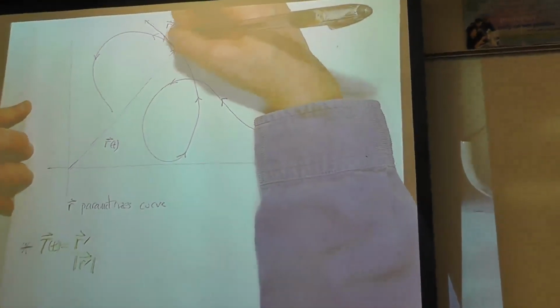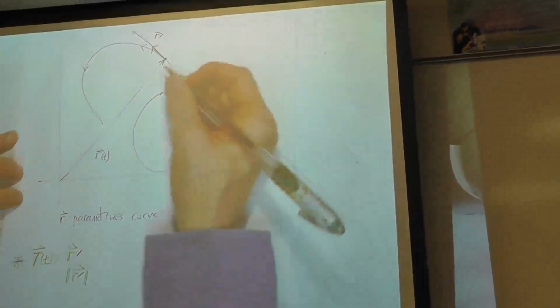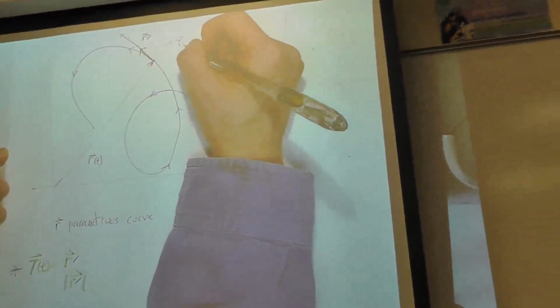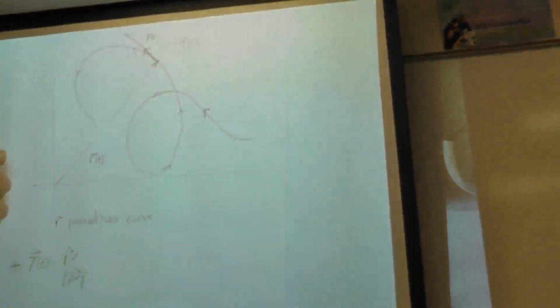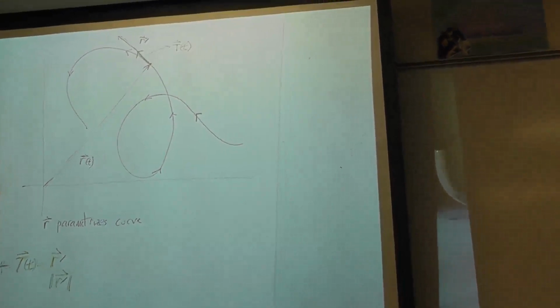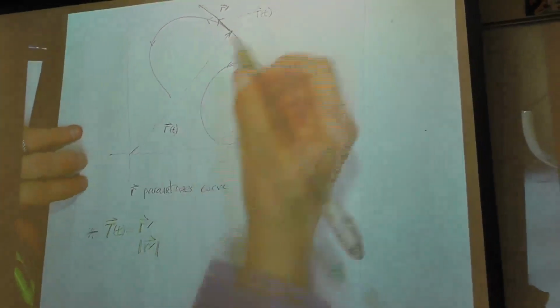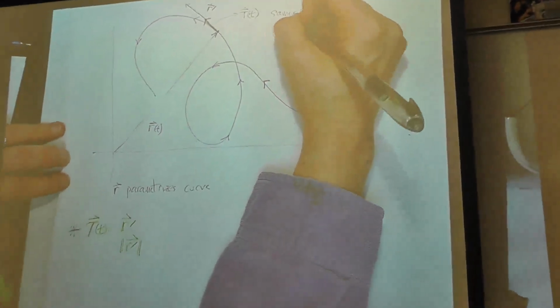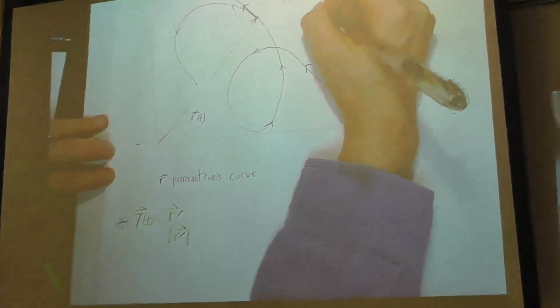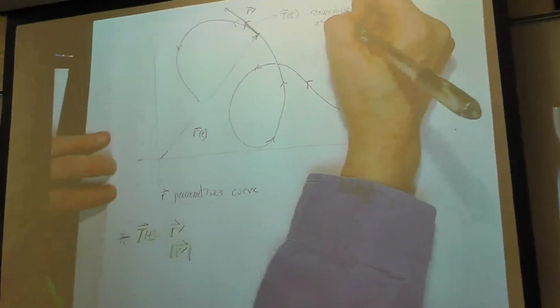I'll call this length 1 and label this guy T of t. It's got to point in the same direction as R prime.